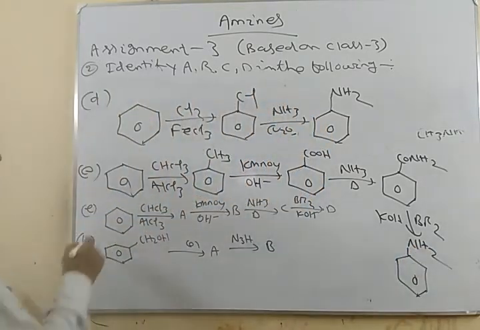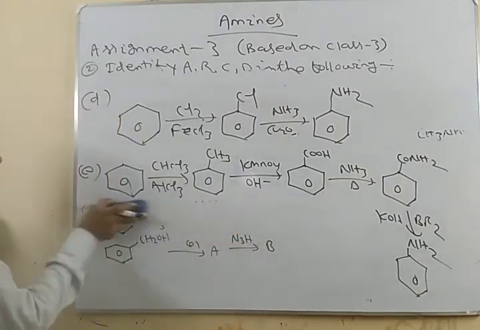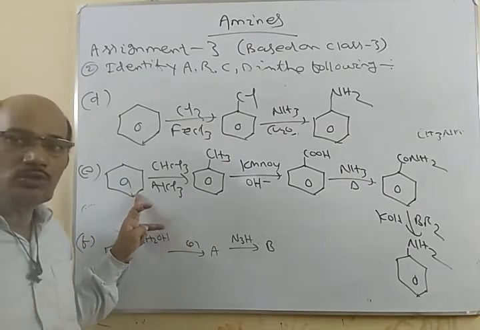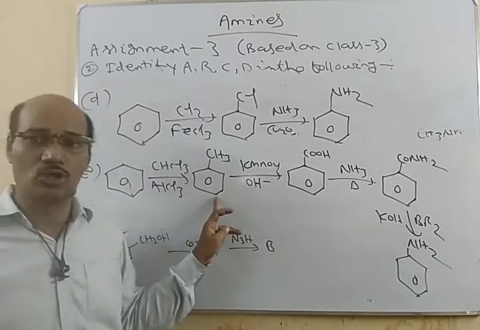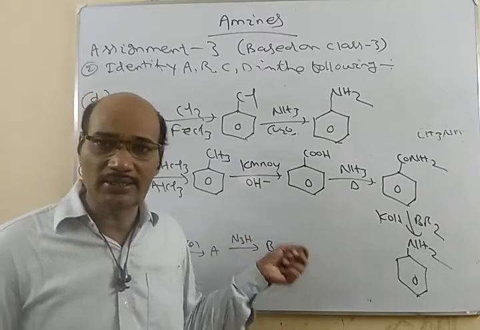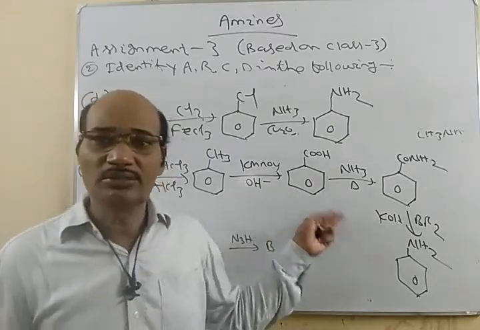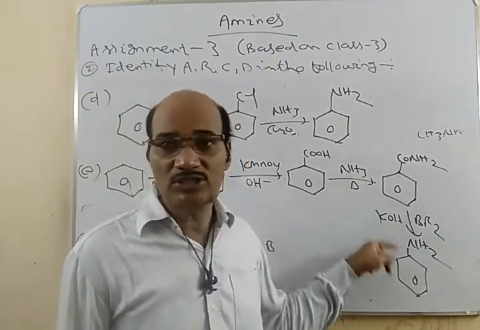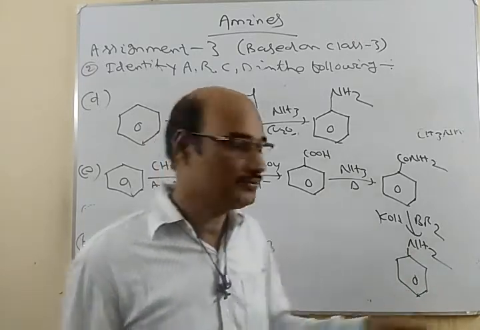Clear? Okay. So benzene undergoes Friedel-Crafts alkylation to give you toluene. Toluene undergoes oxidation with alkaline KMnO4 to give you benzoic acid. Now benzoic acid when heated with ammonia gives benzamide. Now benzamide undergoes Hofmann bromamide reaction to give what? Aniline. Clear?